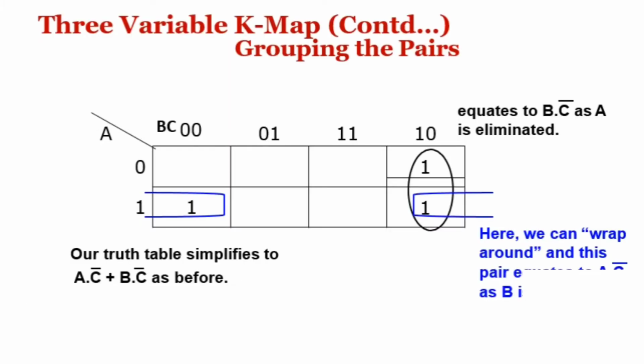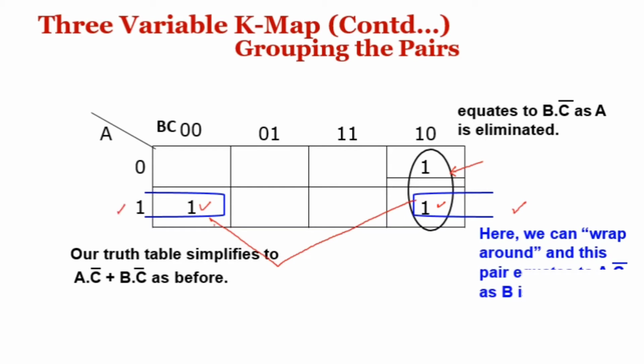Now coming to the grouping of it. Here there is a group of these ones. If there are ones at the extreme edges, they can also be converted into a single group. That means this one and this one will form a pair instead of two single terms. To get the answer, this horizontal group is giving me this thing common.